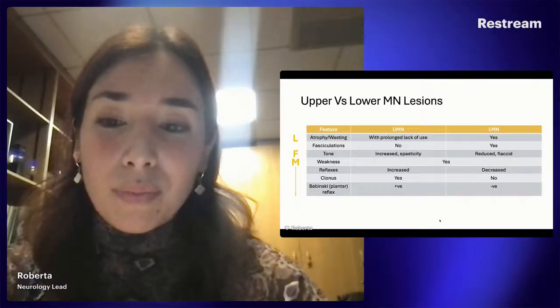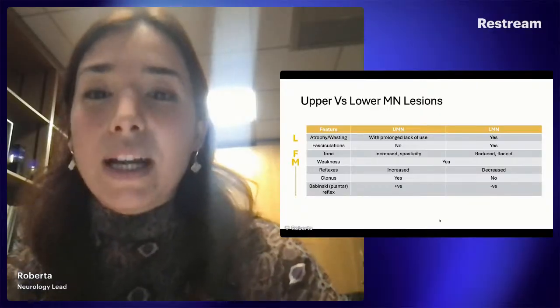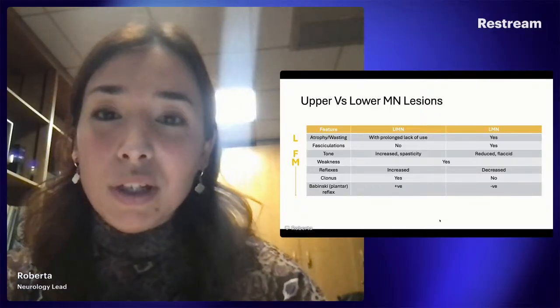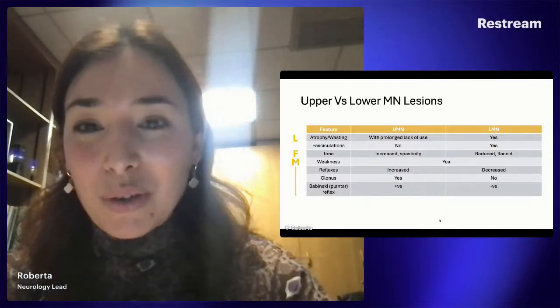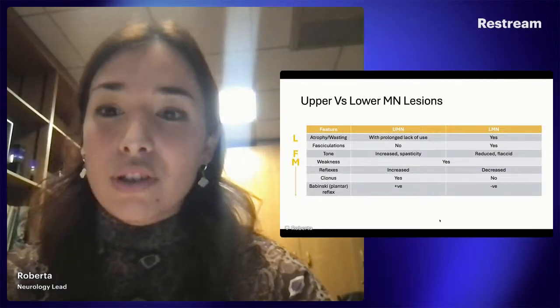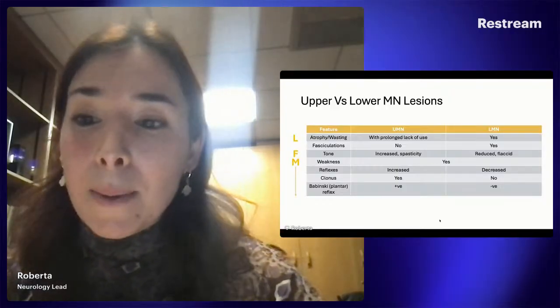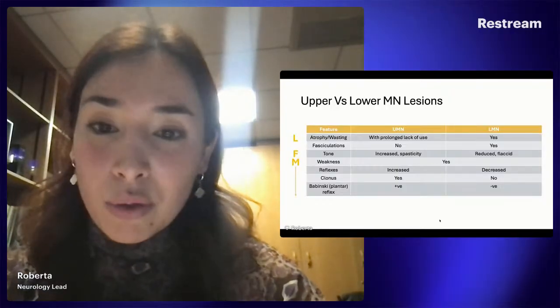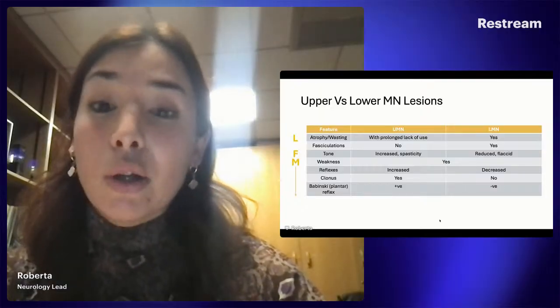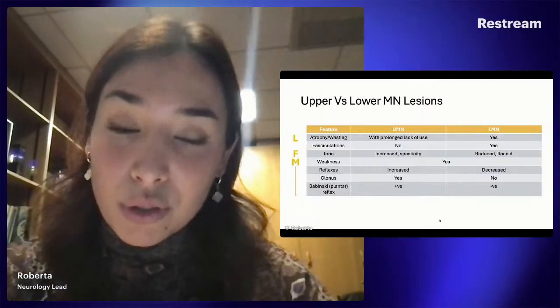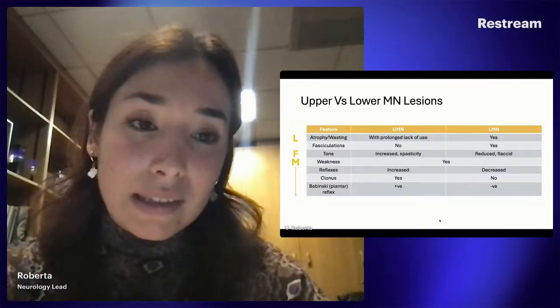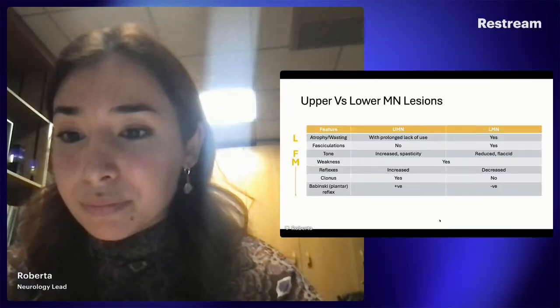It's a bit difficult to explain, so I would say the best thing to do is probably look up a few examples on YouTube, to have as a reference in your mind of what you're looking for when examining a patient. But again, just like reflexes and tone, we'll expect clonus to be present in an upper motor neuron lesion, and we wouldn't expect to see it in a lower motor neuron lesion.